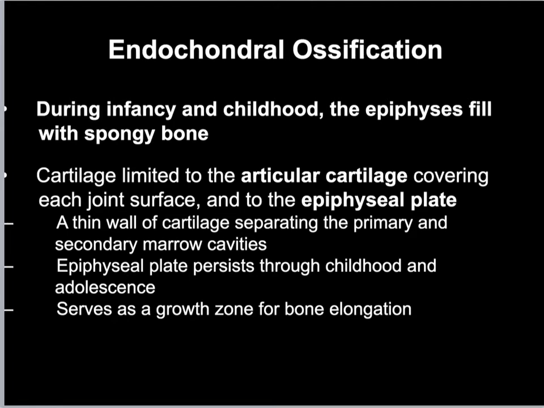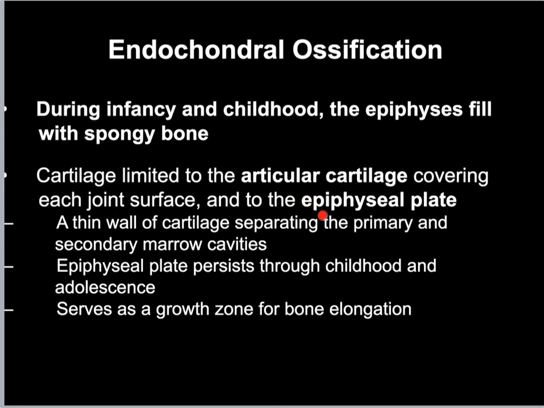Eventually, you're left with just a thin layer of cartilage at the end, and that becomes your articular cartilage, covering the joint surface. And post-pubescently, the metaphysis basically calcifies into the epiphyseal plate.